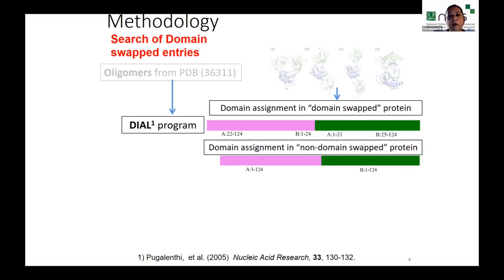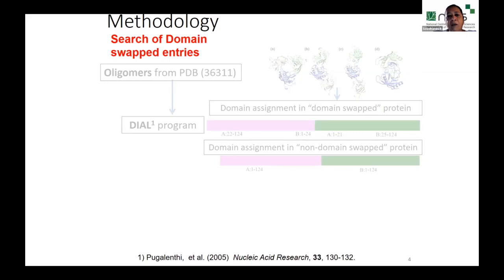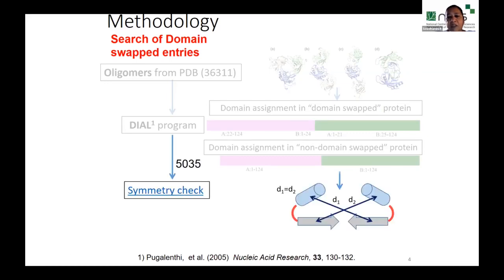And now we are creating a database for domain swapped entries. So DIAL definitely is the first step in accumulating possible domain swapped entries. And then we applied some filters so that we are not looking at some small loop regions transiting from one chain to the other, or some other spurious example.